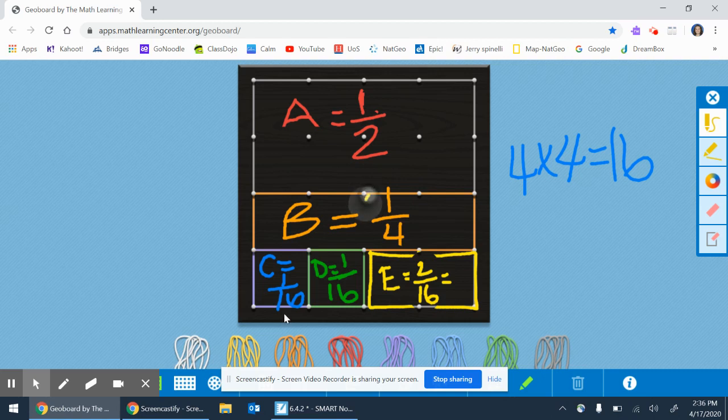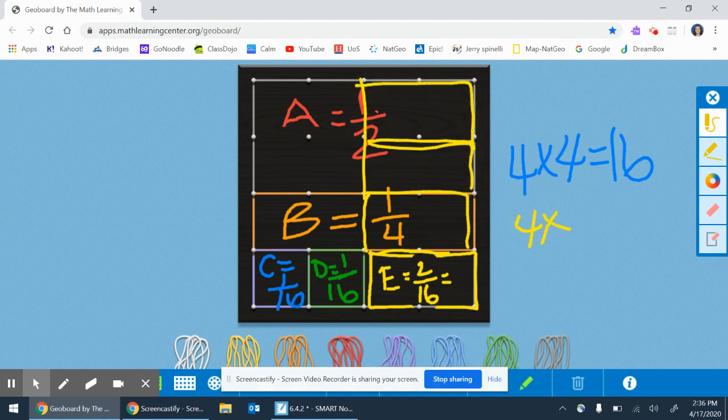I also see that if I just split it this way, I would have 1 piece, 2, 3, 4. And that would be on 2 sides. So that would be 8. So that would also be the same as 1/8.